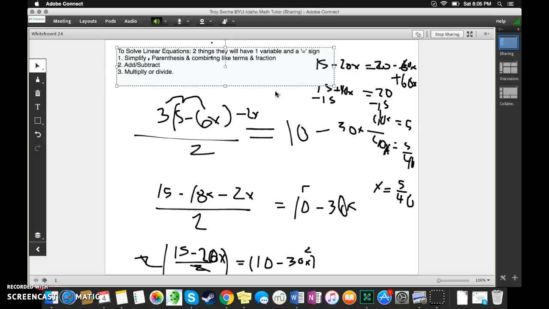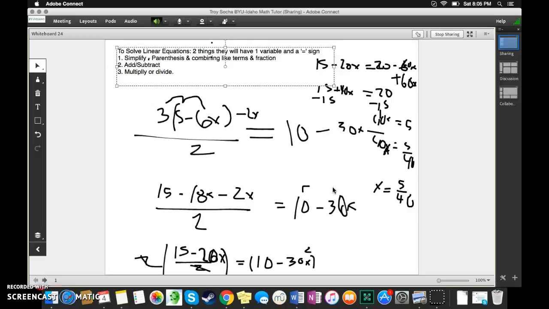And then when solving linear equations, you go through the steps. Simplify is your longest step and takes up the majority of the work: getting rid of your parentheses, combining your like terms, and getting rid of fractions. Then you can solve just like a normal equation like we did over here. So again, two things are needed to be a linear equation: one variable and an equals sign.